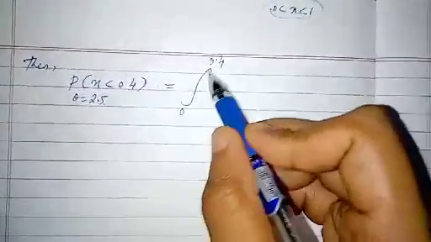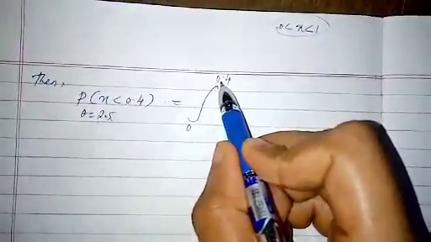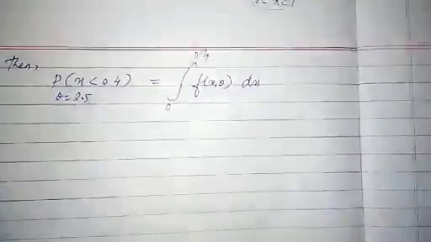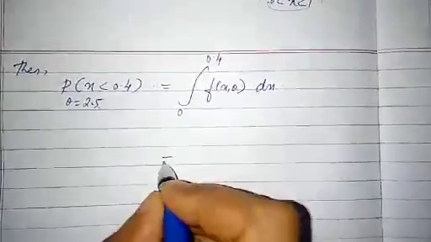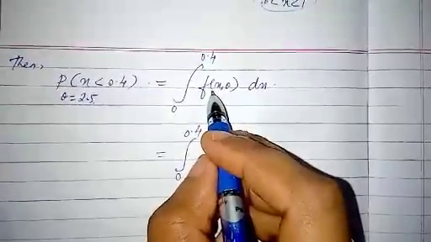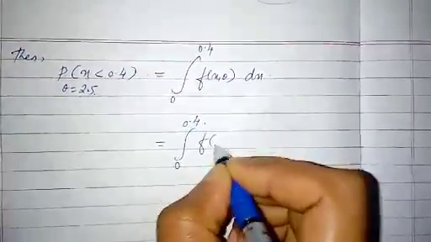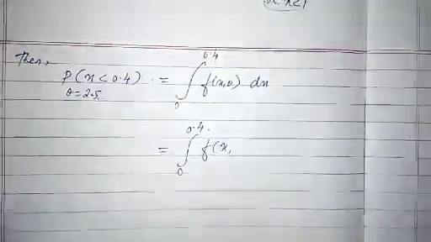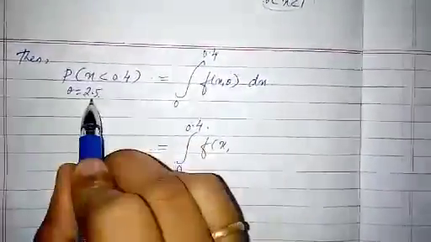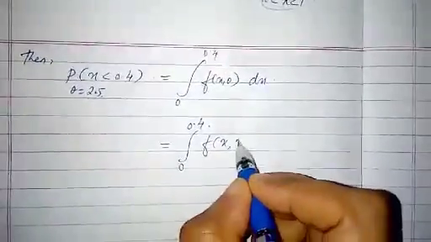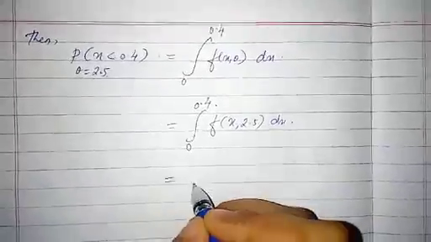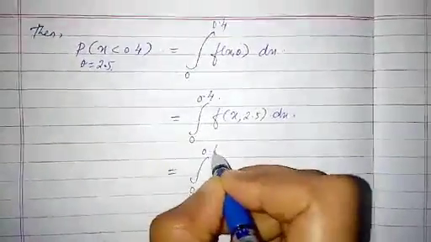So we have to take the integral over 0 to 0.4, then f of x, theta dx. Understood? Which is equal to the integral from 0 to 0.4 of f of x, theta, where theta is 2.5, dx.